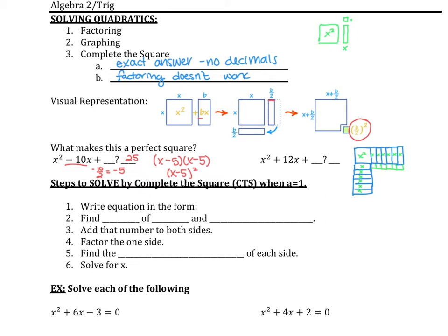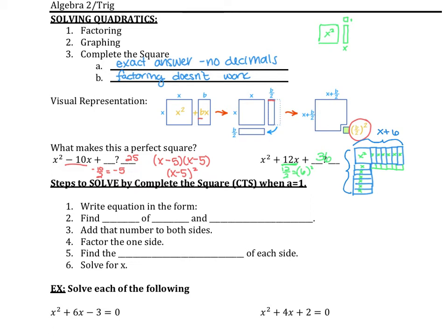Well, hopefully you took b divided by 2, got 6, and squared it to give us 36. Well, there would be 36 boxes in here to complete the square. Now, this is called a perfect square because if we look at the dimensions across each side, both of them are x plus 6. Okay, so x plus 6 squared would be the perfect square.